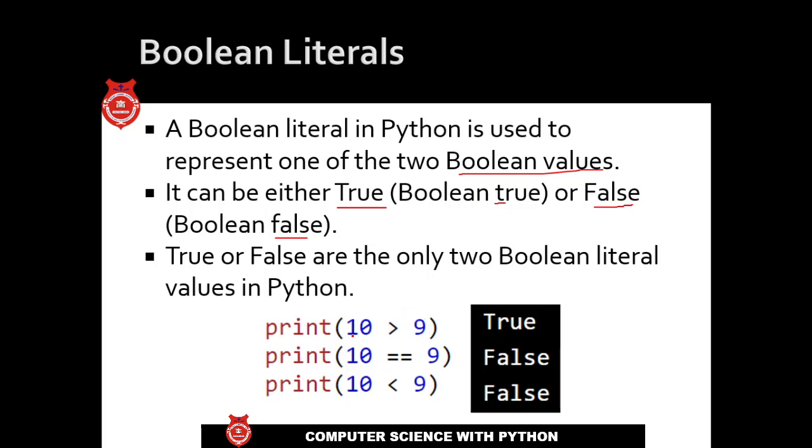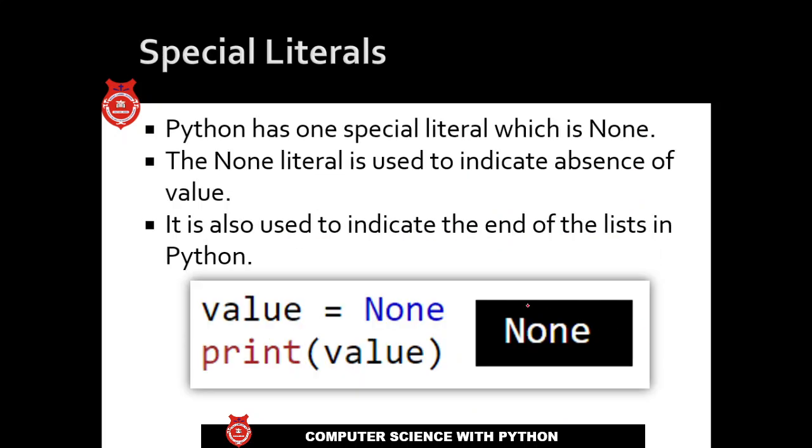So when you say print 10 is greater than 9, this is True. If you say 10 equal to 9, False. If you say 10 less than 9, this is also False. This is Boolean literals.